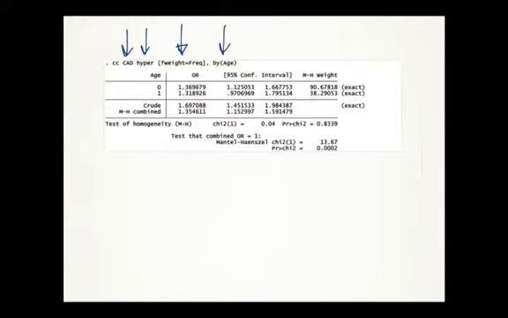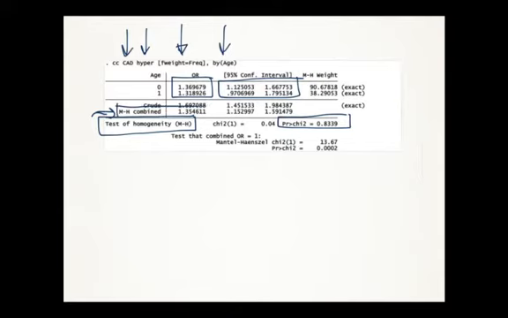We get the odds ratios in the 2 different groups, the corresponding 95% confidence intervals, and then here's the, we've already decided that we could combine. We decided that based on this p-value from the test of homogeneity. So now we're looking at the combined odds ratio, which is 1.35. Here's that corresponding 95% confidence interval.